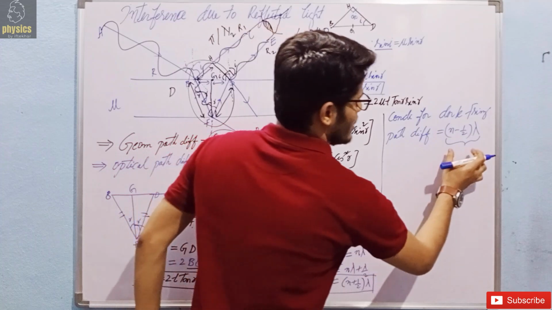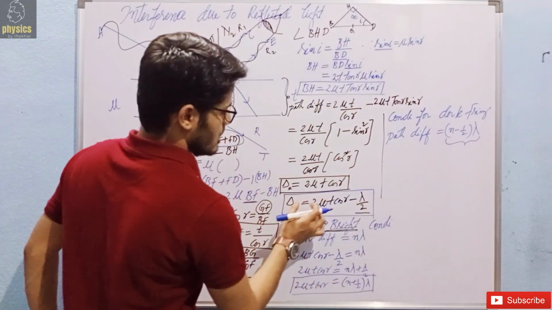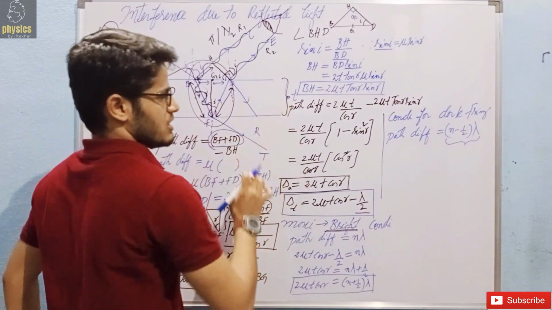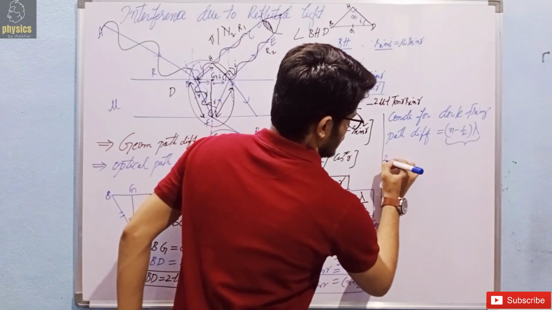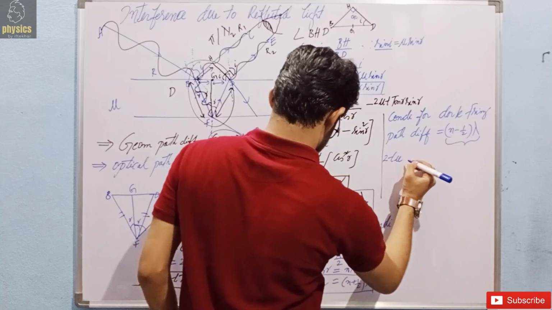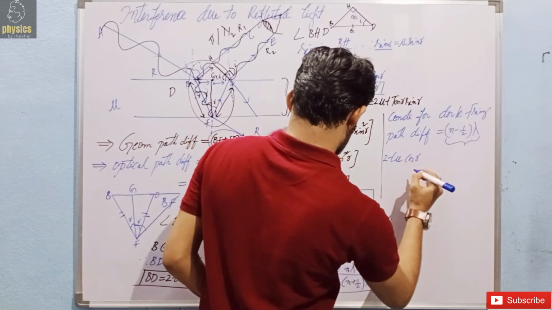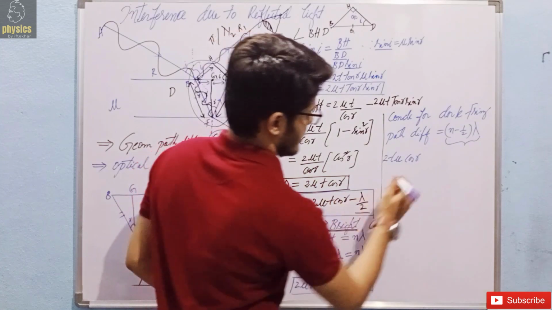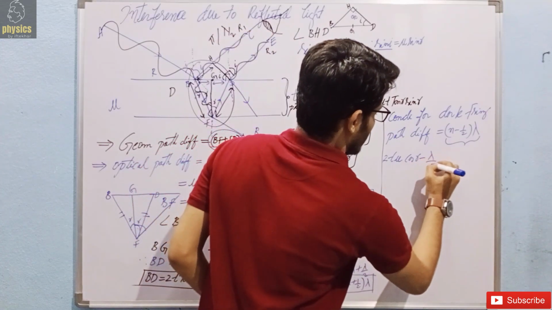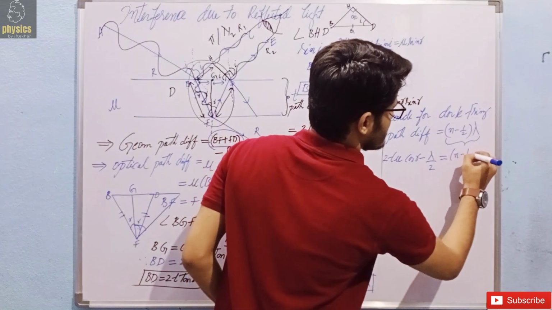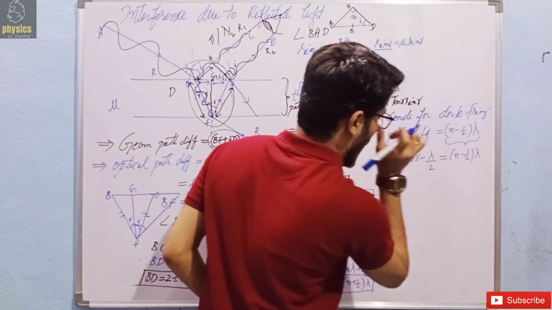Now we will equate this path difference with the true path difference which we got from this experimental setup, that is 2t mu cos r minus lambda by 2 is equal to (n minus half) into lambda.